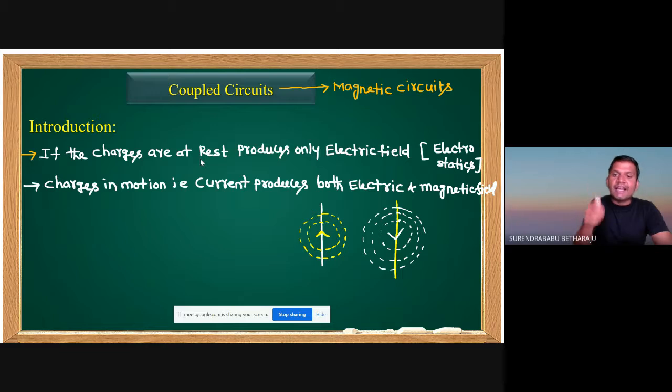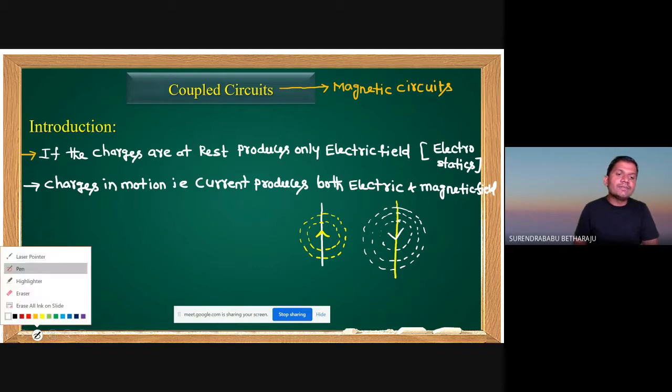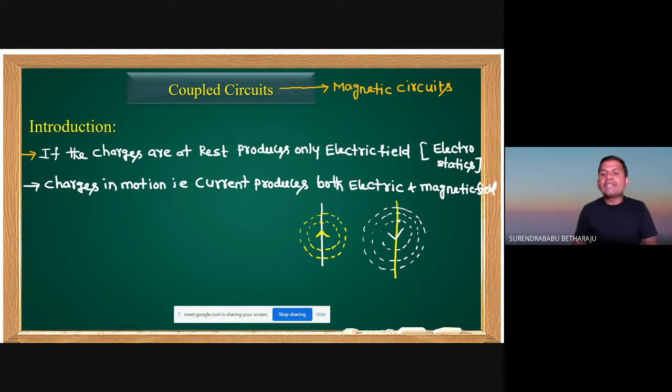Now tell me, in this conductor, what is the direction of the flux? Clockwise or anti-clockwise? In the first conductor, anti-clockwise. Okay, this is the direction of the flux.